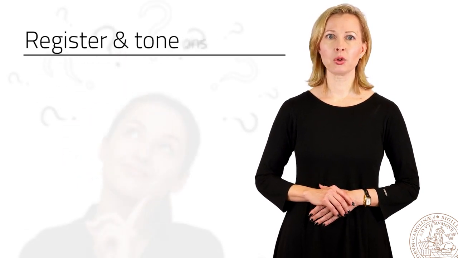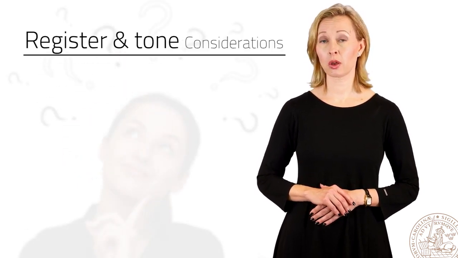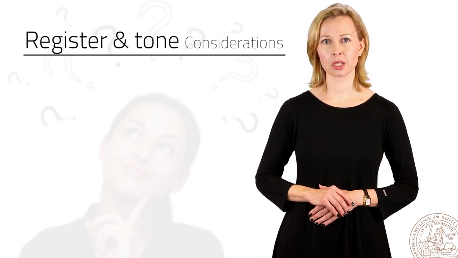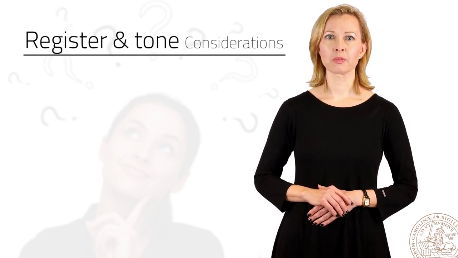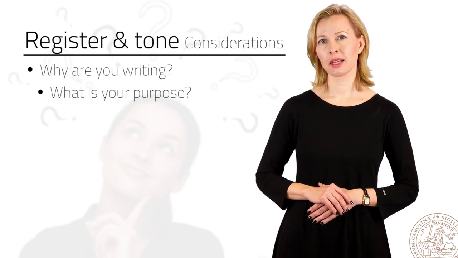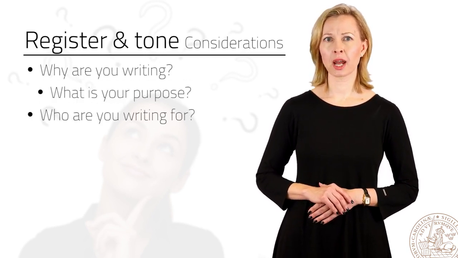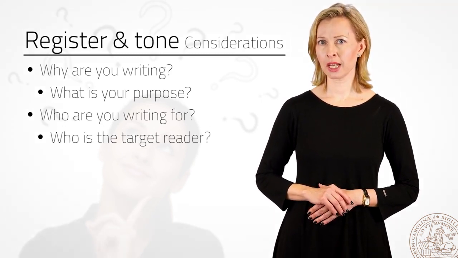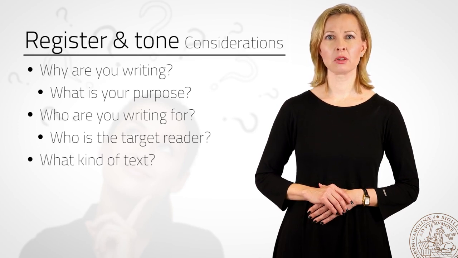When you edit and proofread your essay for register and tone, you need to consider your text in relation to a few basic questions. Firstly, why are you writing this text? What is your purpose? Secondly, who are you writing your text to? Who is your target reader? And finally, what kind of text are you writing?